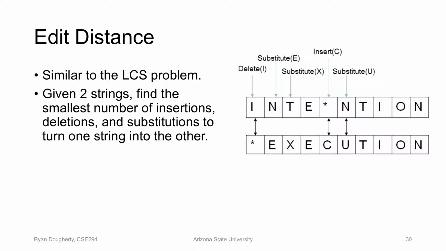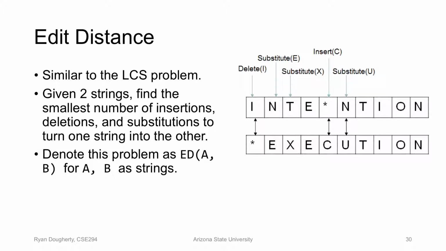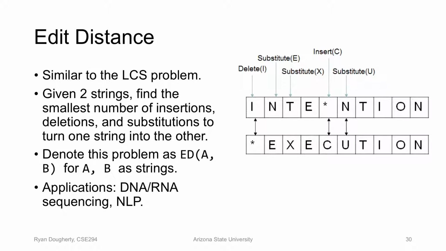So here's just an example here. So either I can do a deletion, so like the first character I can just delete it, or I can do a substitution, or I can do an insertion of a character. So what I'm basically focused on here is what is the minimum number of these transformations that I can do to transform one string to the other.